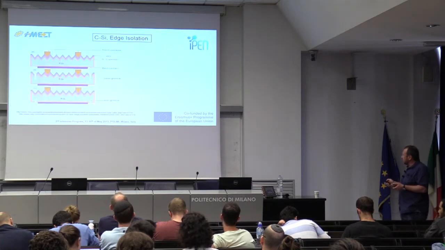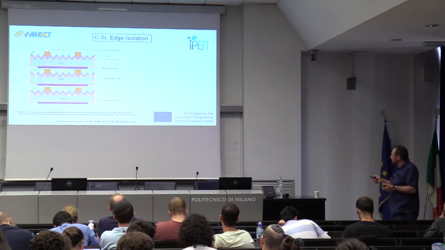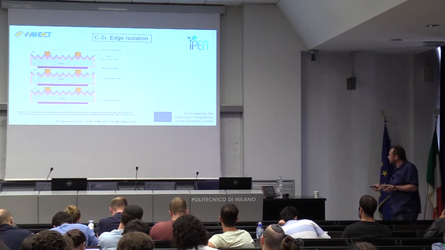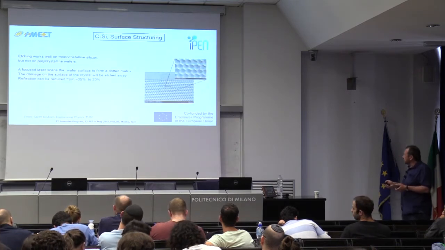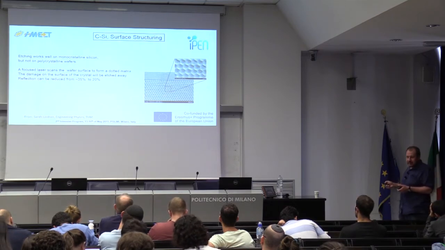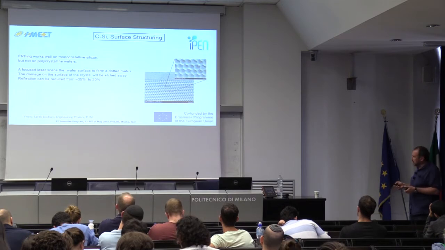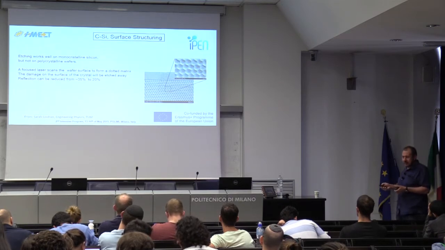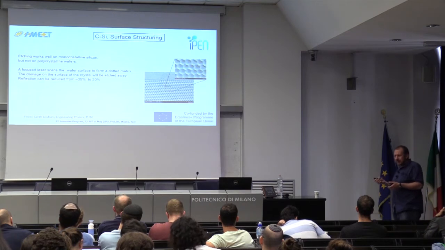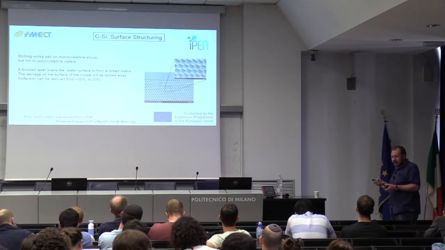Another option is to cut these grooves at the bottom of the solar cell. Now, concerning anti-reflection, the structuring of the surface, this potassium hydroxide works very well with single crystalline silicon, because you have a well-defined orientation, and this process is direction selective.